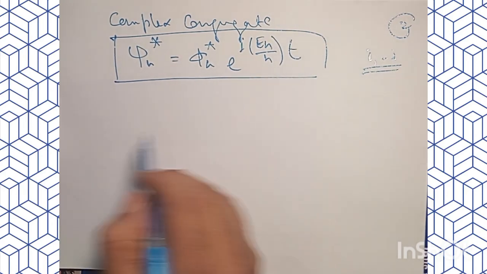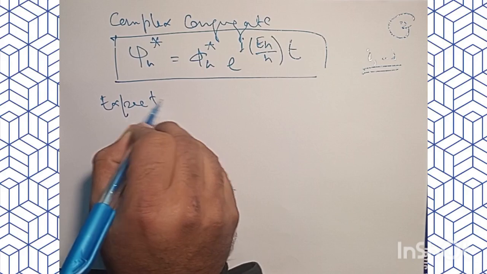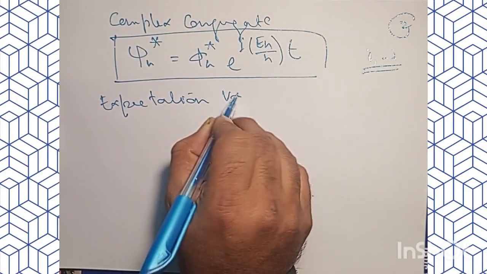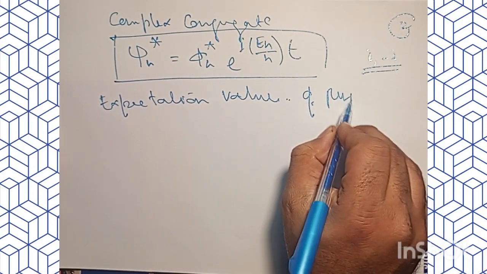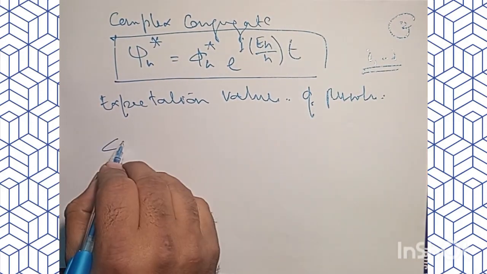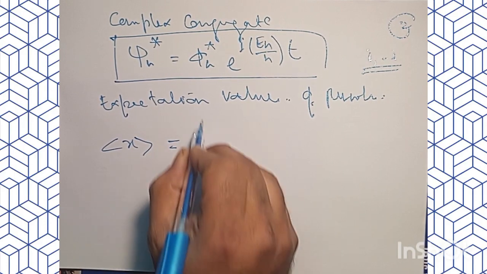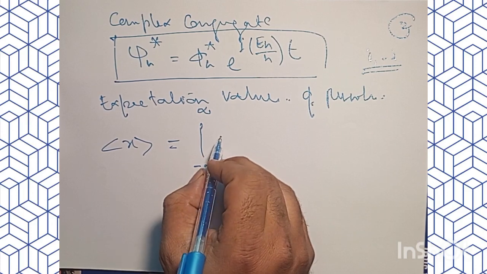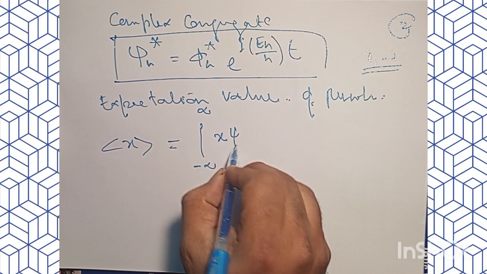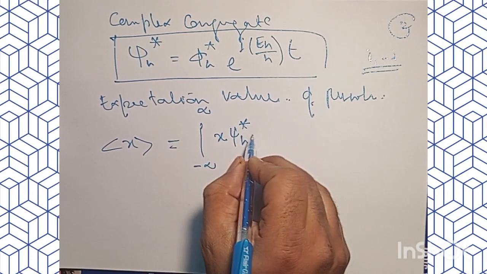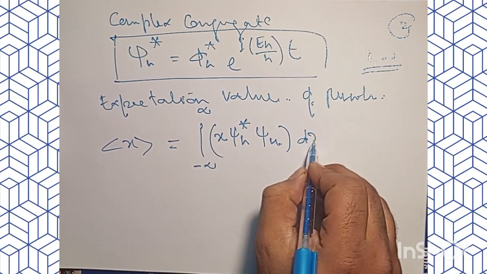Now, if I have to write down the expectation value of position, which we have already discussed, what will that expectation value be? It is the integral from minus infinity to infinity of x, then psi n star, then psi n, dx.